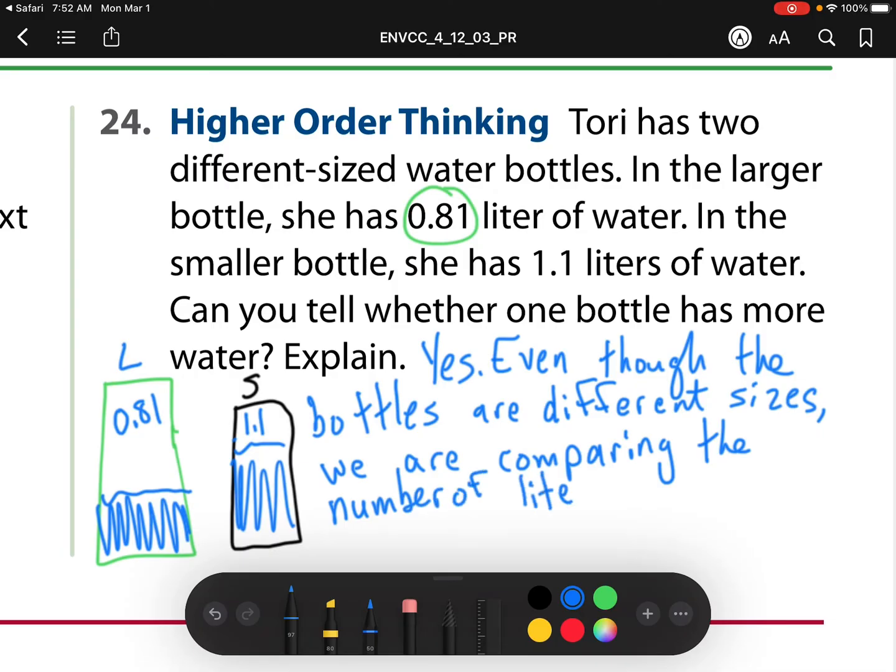Now, notice our question doesn't say which one is bigger. It's just saying, can we tell whether? But we're just going to add that part to it, that the smaller bottle has more water.